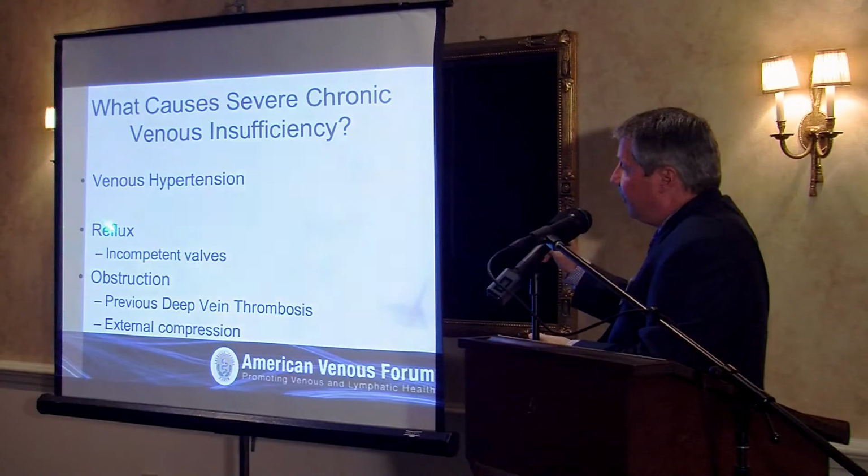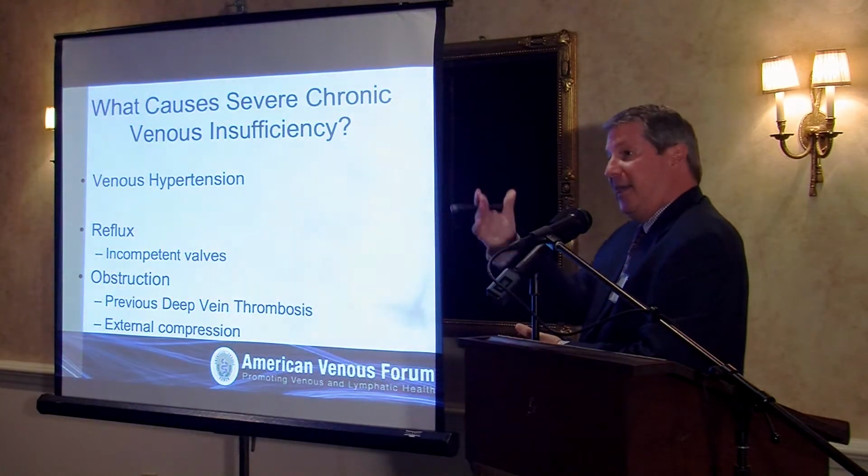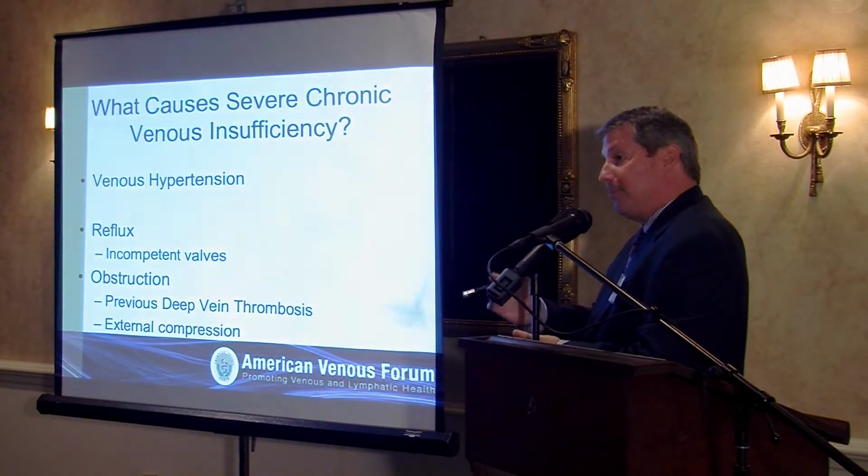Okay. So what causes chronic venous insufficiency, all those changes that we see? The underlying problem is venous hypertension, high pressure in the veins. Normally there's low pressure in the veins, and when you walk, you squeeze your calf muscle and eject the blood and the pressure goes down. Well, if there's reflux due to leaky or incompetent valves, the blood can't get out of the leg. The pressure goes up.